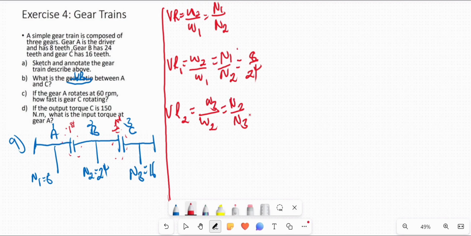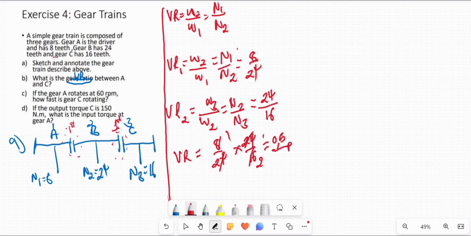If you are confused where we're getting this N2 over N3, please watch the previous video. What's N2? 24 over 16. And the overall velocity ratio is equal to 8 over 24 times 24 over 16. These will cancel. 8 into 8 is 1. 1 over 2, which is equal to 0.5.